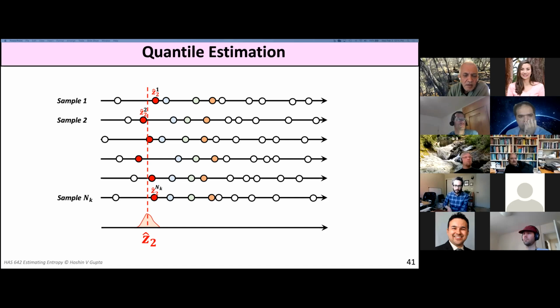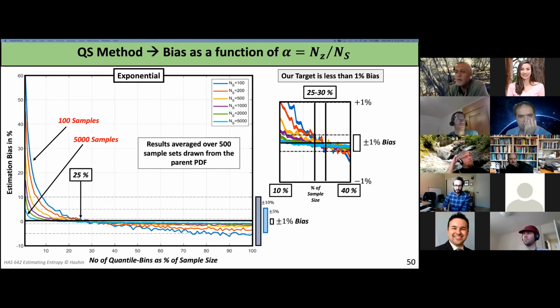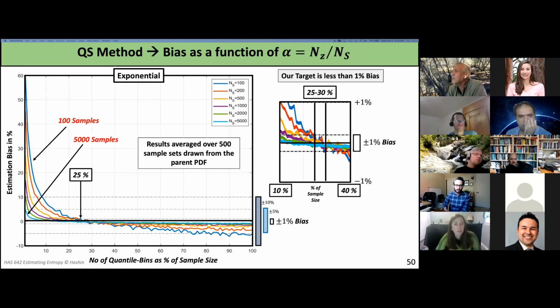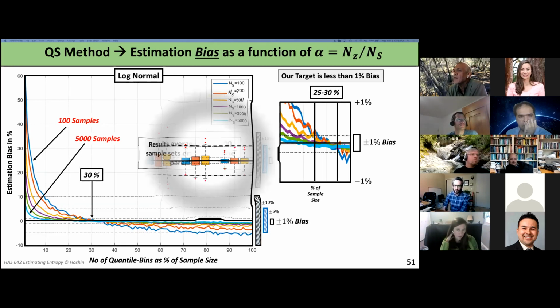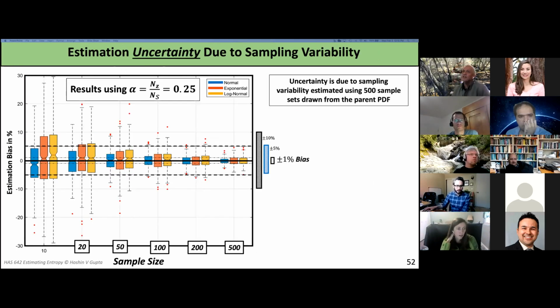So does it compare well or better than the fixed bin method at very low sample sizes? Yeah, here's the plot that you want. For 200 sample sizes, we're getting bias of less than 1% and uncertainties of less than 5%.